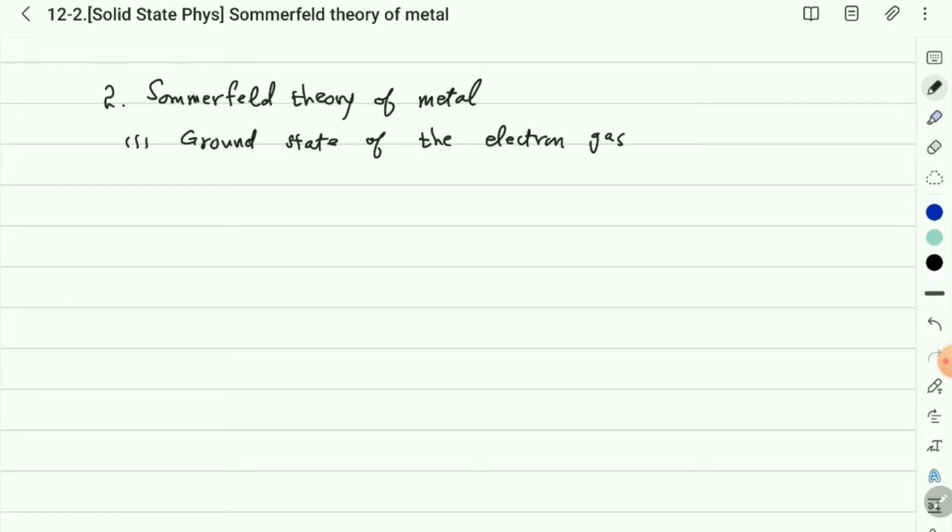Basically, Sommerfeld treats the electrons as a gas, and later, by adopting this concept, Landau treated interacting electrons as a liquid. Therefore, later we call that the Landau Fermi liquid theory.